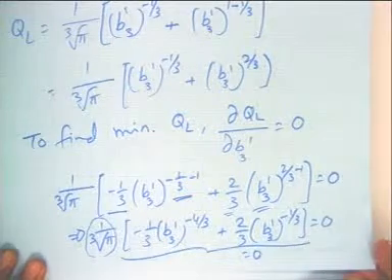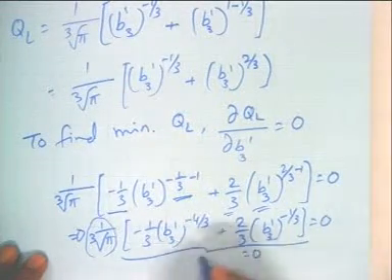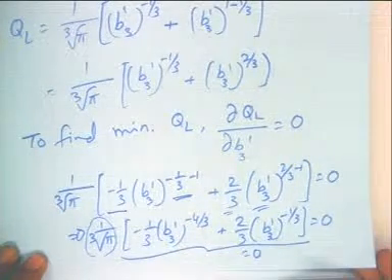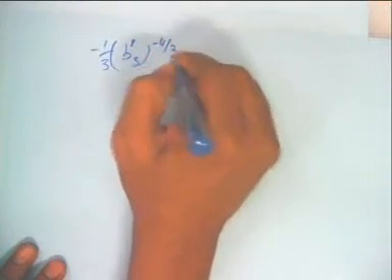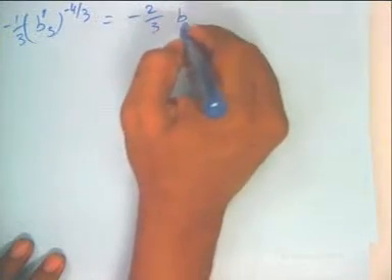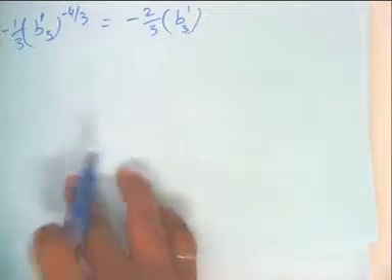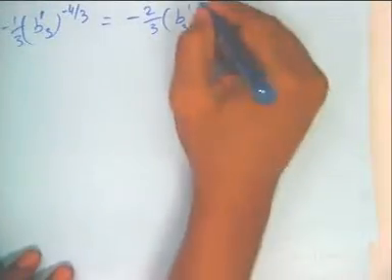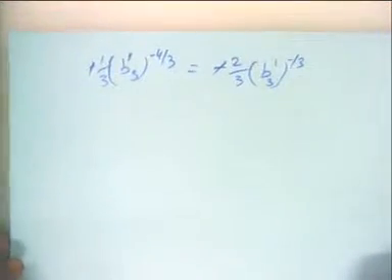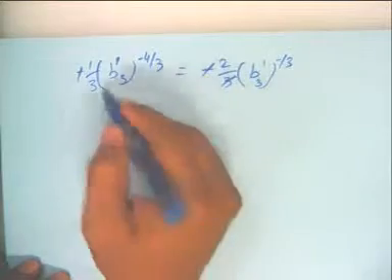Okay. So, now this coefficient has to be 0, which means minus 1/3 B3 prime minus 4/3 should be equal to minus 2/3 B3 prime minus 1/3. So, minus 2 by 3 B3 prime minus 1 by 3. Okay. So, now this minus, plus, 3 gone.